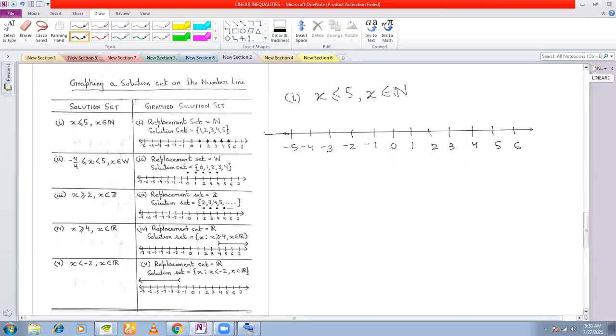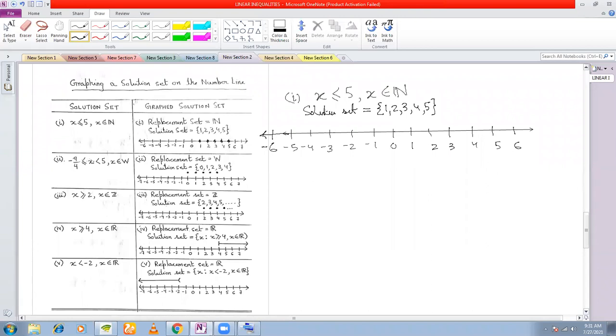Here also let's write up till -6. Now since x belongs to natural numbers, what is the solution set here? If you write the solution set, x is a natural number that is less than or equal to 5. So this should be 1, 2, 3, 4, 5. This is the solution set. We need to graph this solution set on the number line.